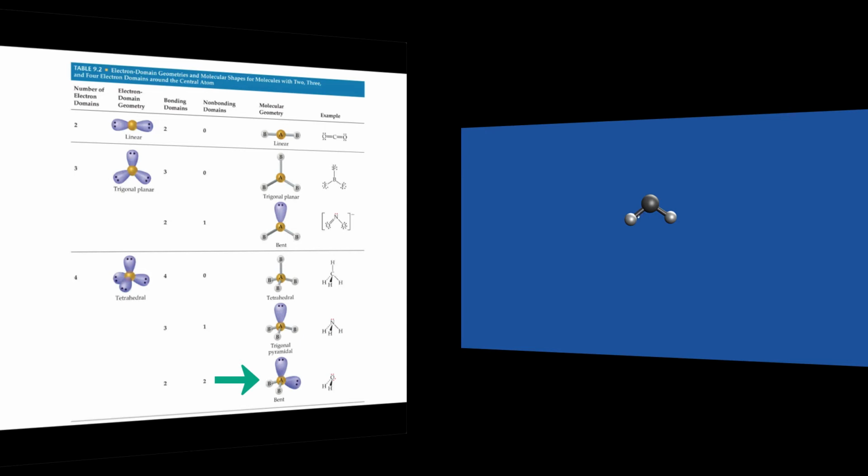So we started out at 109.5, then we got compressed as we went to 3 bonding domains. It was about 107, and compressed further, this is probably about 105 or 104.5 degrees here for the water molecule, or other systems with the same type of structure.